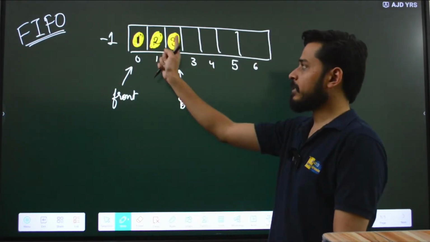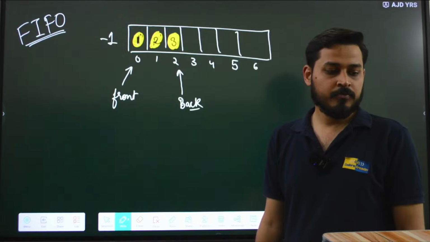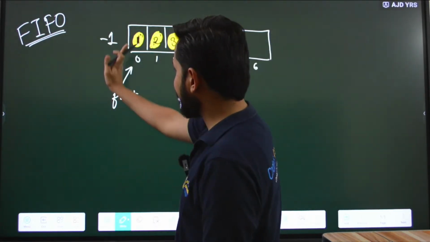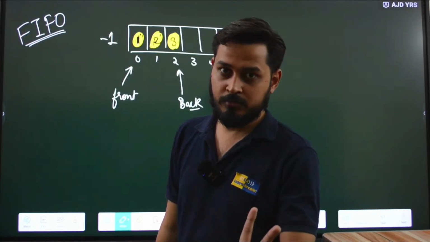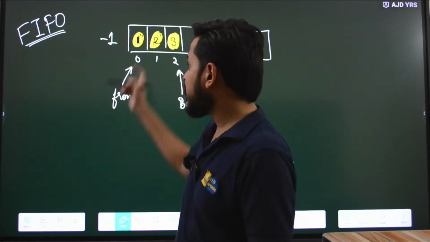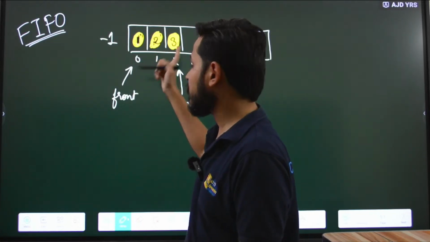Okay, first element, second element, and this is the third element. In this case, front will stay at the first position, holding that first element which was inputted.